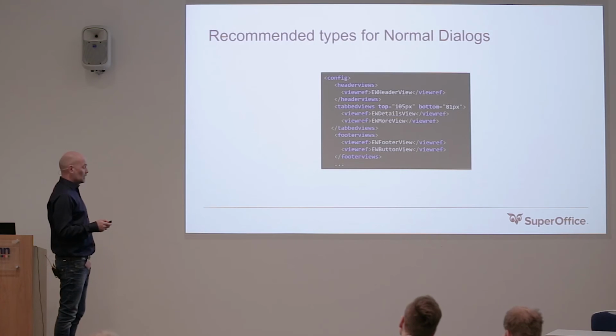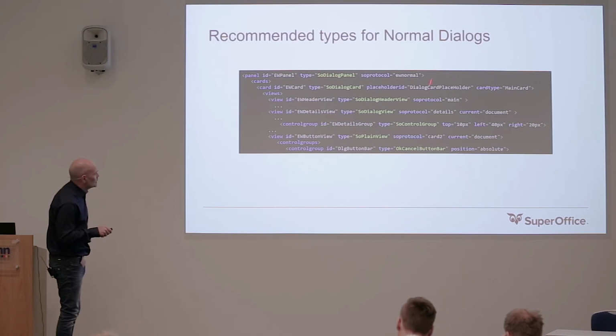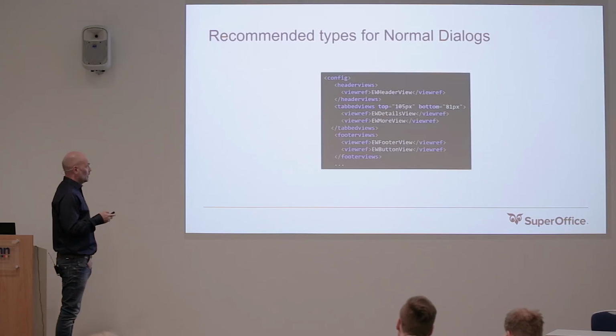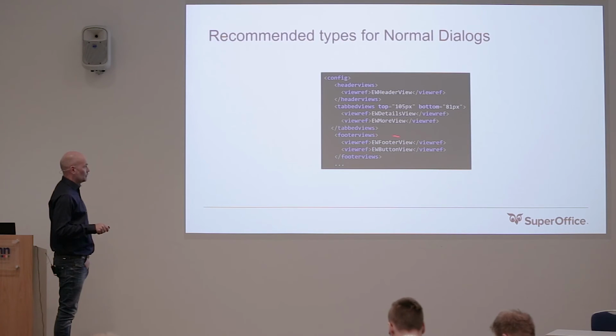And in order to get that heading, tabbed, and footer thing, the configuration setting for the SO dialog card has its own config section where you specify that I want this view to be the header, these views I want to be tab views, and these views I want to be in the footer.